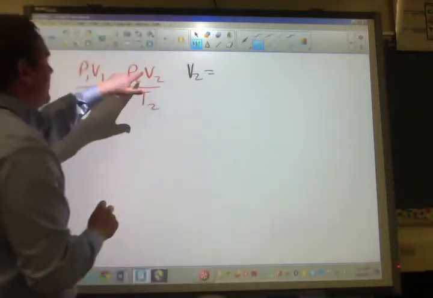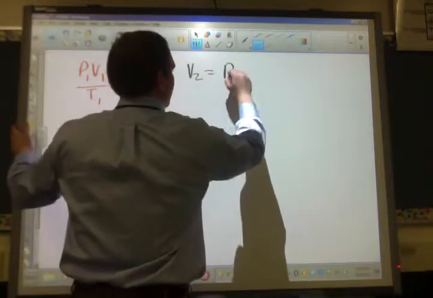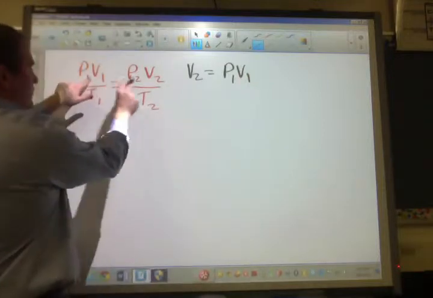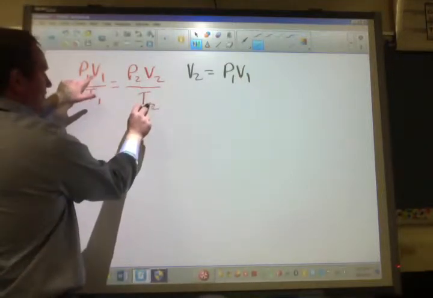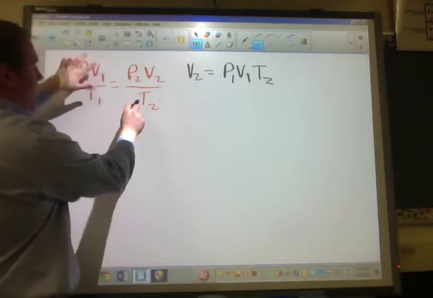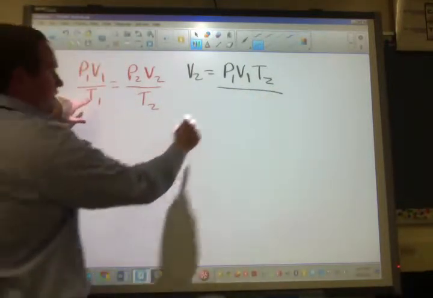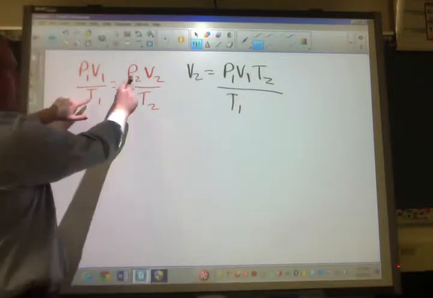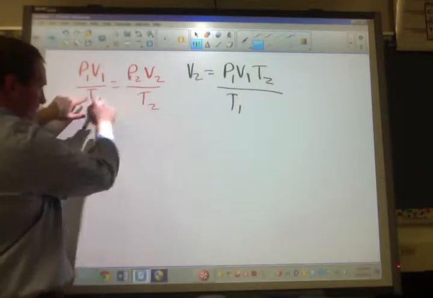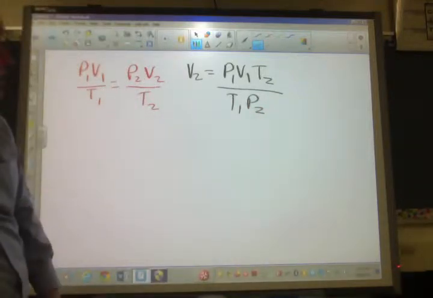V2 equals, okay, so I always rearrange first. So it equals P1 V1, okay? Then it's going to be multiplied by this, so that's going to go up here. So times T2, okay? Divided by, this is already down here, T1. And this P2 is going to be divided by P2 here. So that is our equation.